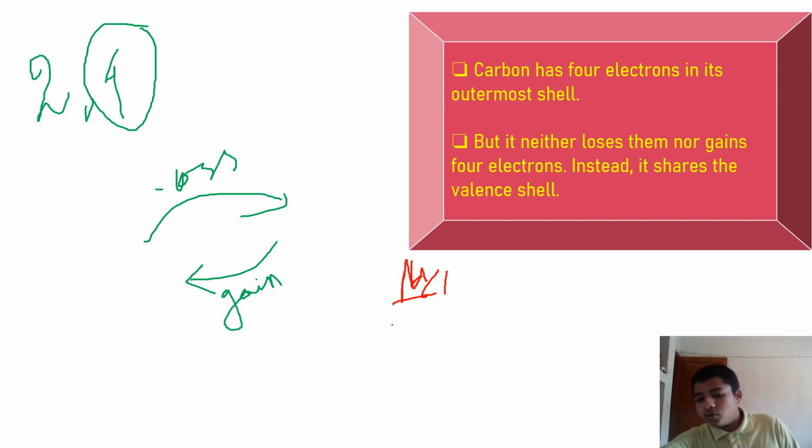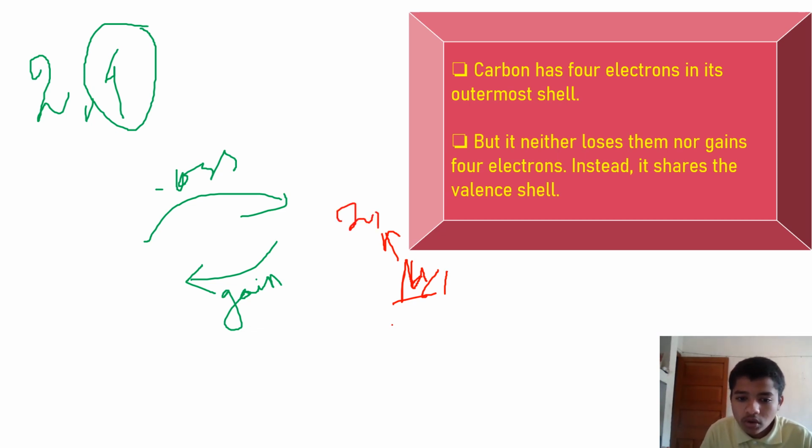What will NaCl do? Na, what is the electronic configuration of sodium? It is 2, 8, 1. And what is the electronic configuration of chlorine?